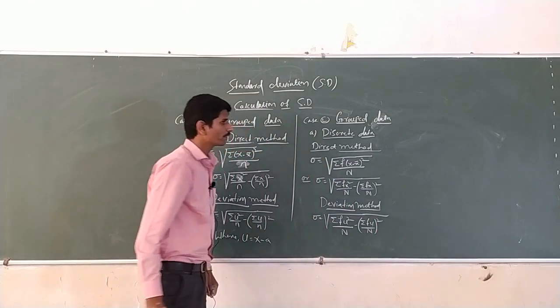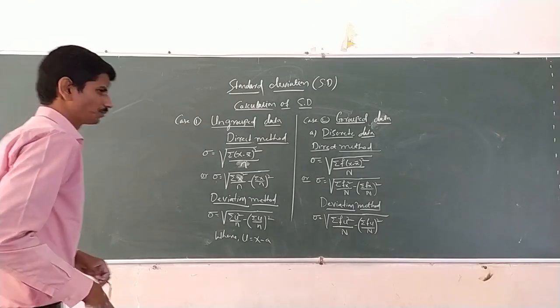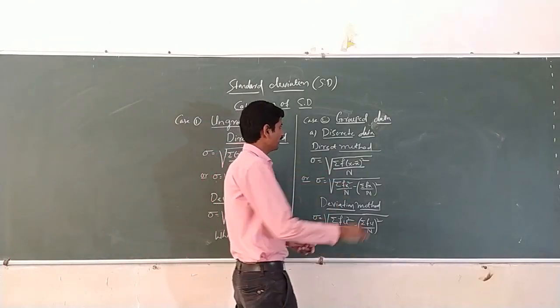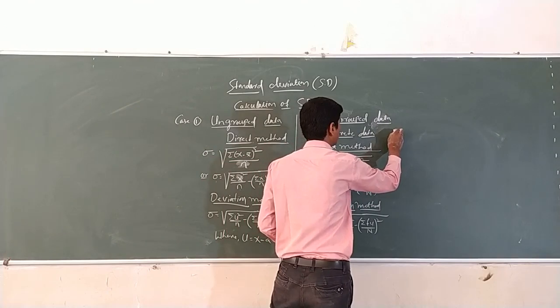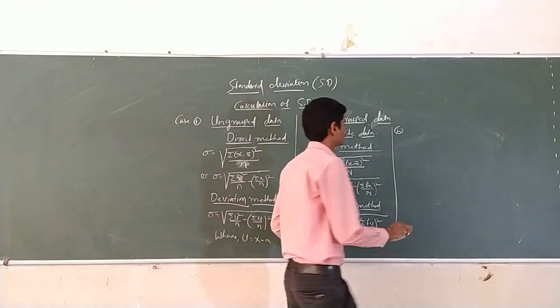In the deviation method formula, we have to multiply frequencies. Sum of fu square by capital N minus (sum of fu by capital N) whole square.